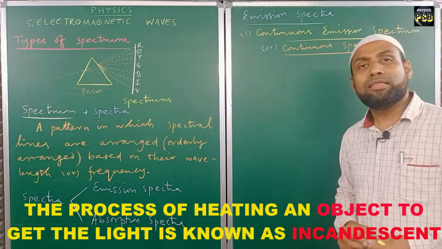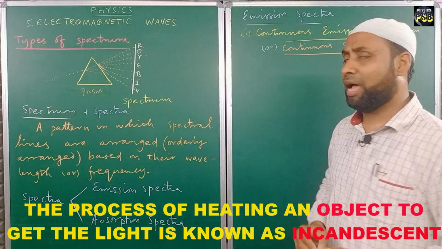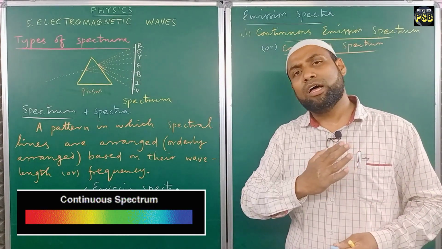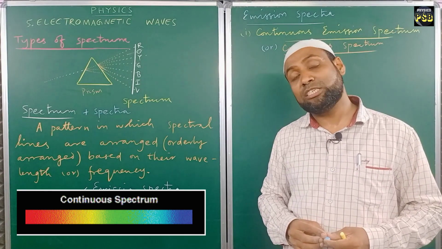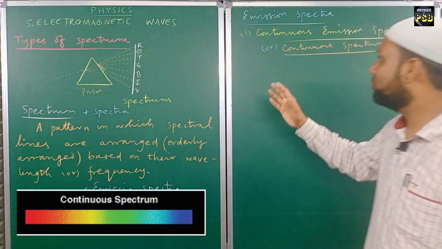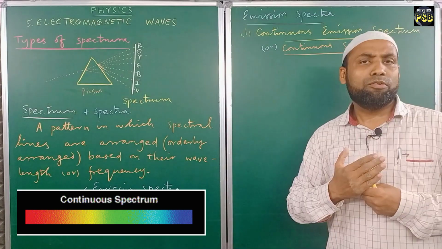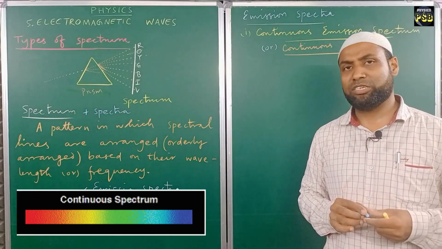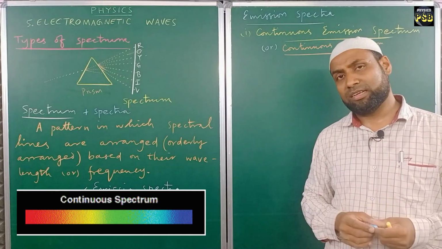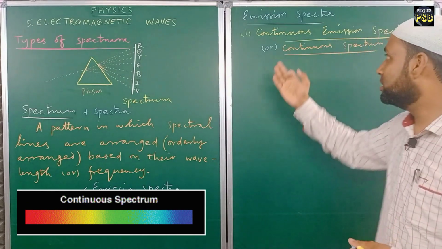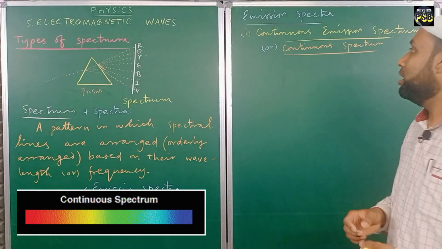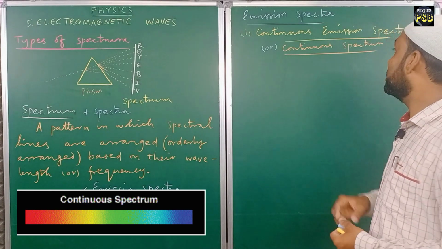This continuous emission spectrum, as the name denotes, consists of all wavelengths ranging from violet to red. It comprises all colors of light placed one after the other in a continuous manner. Hence, it is named continuous emission spectrum. What is an example of continuous emission spectrum?